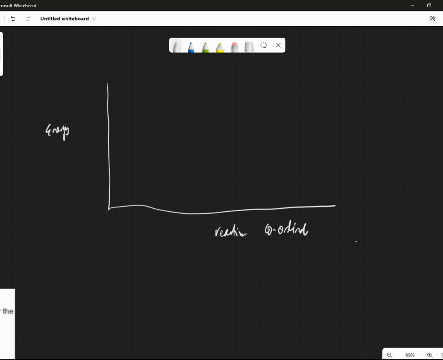Which I did recently with the lower middle six. There is an energy diagram, and on the left we have energy, and on the right we have some reaction coordinate. Imagine this reaction: carbon as graphite goes to carbon as diamond.